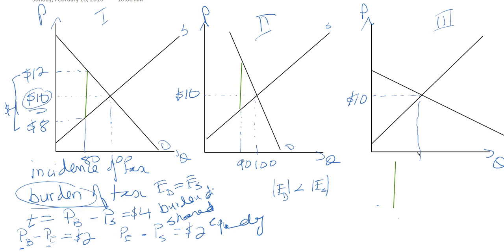More importantly, though, is the way the tax burden now gets shared. With a tax, we see that in this case, the buyers are footing more of the tax. So maybe this might be the case when buyers are now paying $13 after tax and sellers are receiving $9. Why is this distribution so?